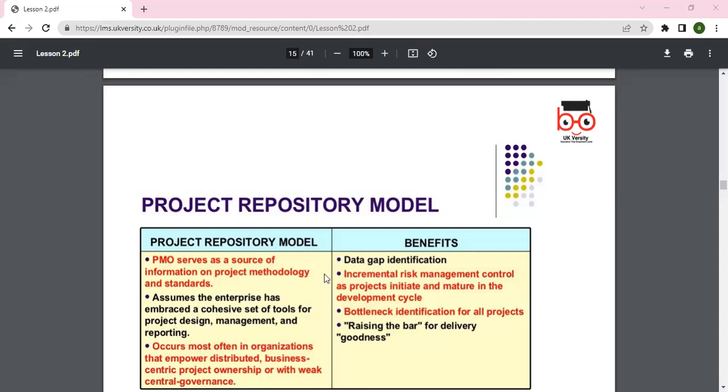We can look around the project repository model, in which the PMO serves as a source of information: the project methodologies, benefit data, gap identification, which we need to make sure of, the incremental model, and risk management control. We need to look around the bottleneck. Have you heard about the bottleneck approach? Yes. Identification of all the project risks arising from the barriers to delivery. So we need to look around.